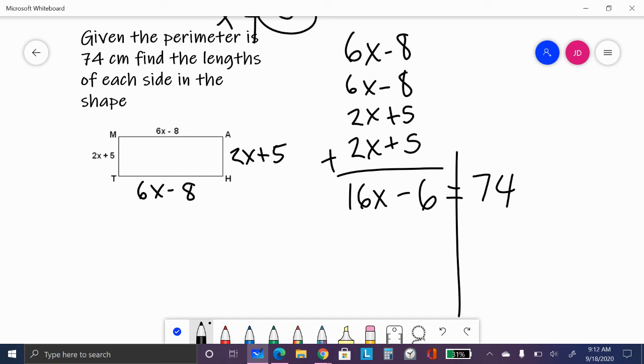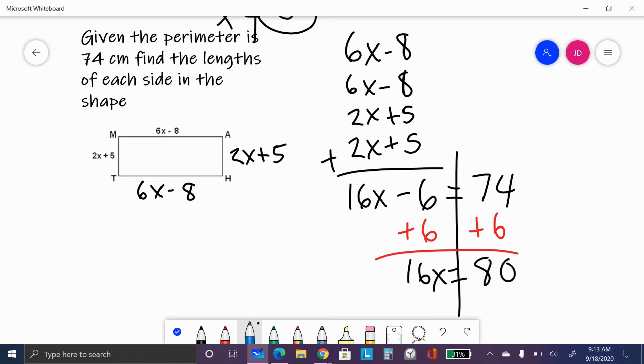Then we solve this two-step equation. So we have 16x is 80. Divide both sides by 16.